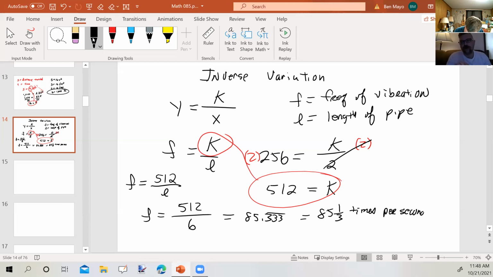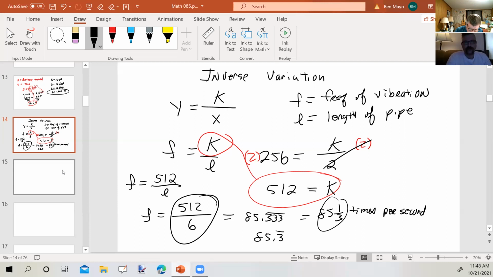But you can write that either way and it's still considered correct, right? You could write 85.3 repeating. The reason I went to that is in WebAssign, it's tricky to put in repeating decimals. Also, if this was actually a WebAssign answer, we would put in the improper fraction, because you may recall that WebAssign doesn't do well with mixed numbers. But yeah, okay. So that's inverse variation.